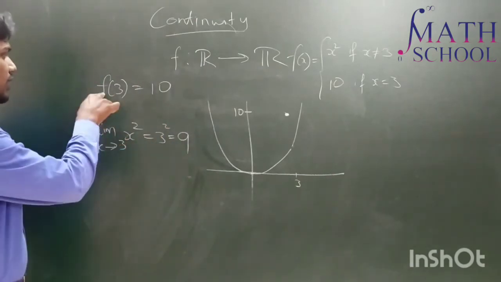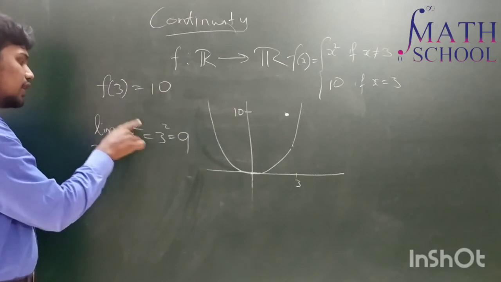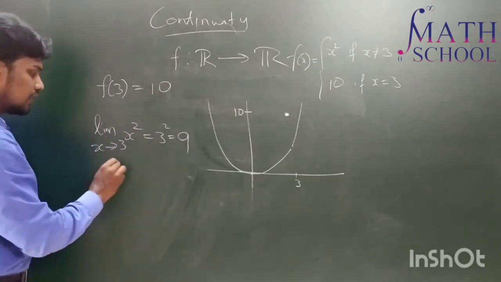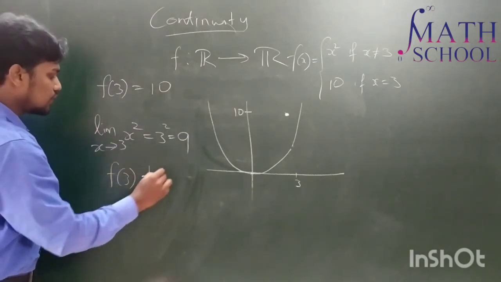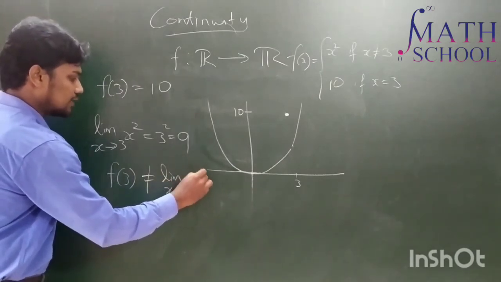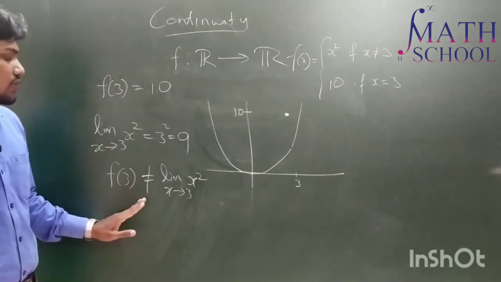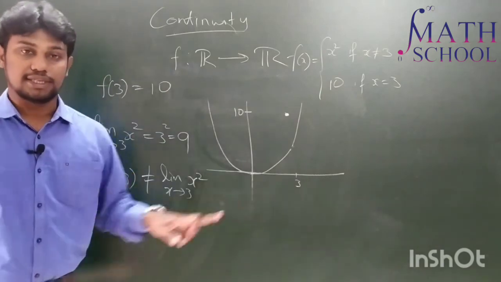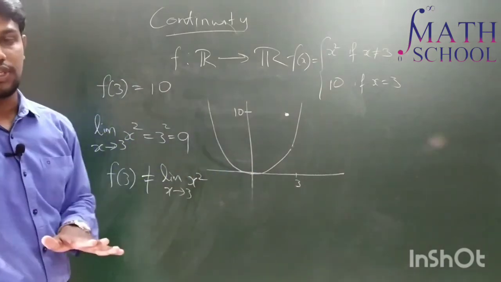In this case, the functional value at 3 is 10, but the limit of the function at 3 is 9. So the functional value is not equal to the limit of the function at 3, and we say the function is discontinuous at 3. That is, the function is not continuous at 3.